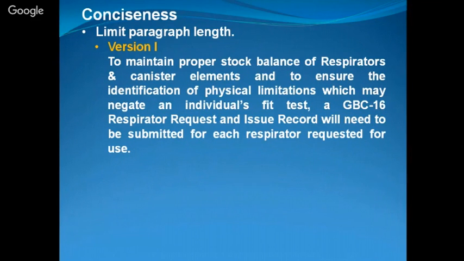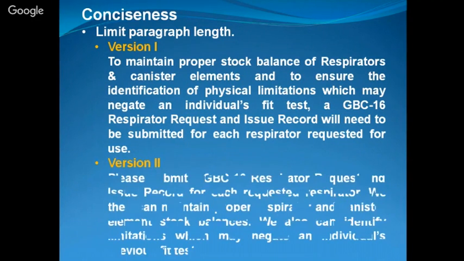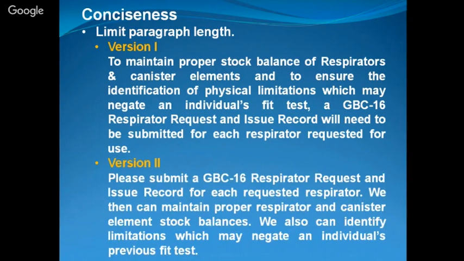Now I have rewritten this bigger paragraph. This is version 2. Now you can very easily find out what is written. Please submit a GBC 16 respirator request and issue record for each requested respirator. We then can maintain proper respirator and canister element stock balances.